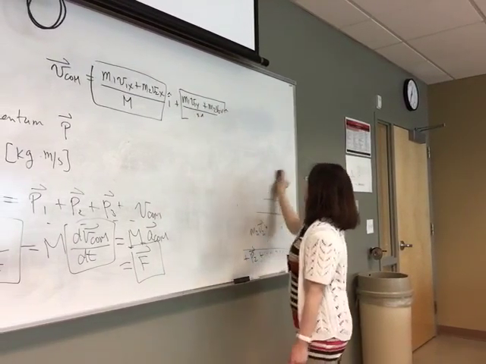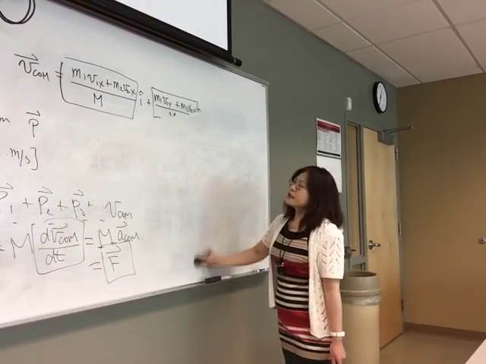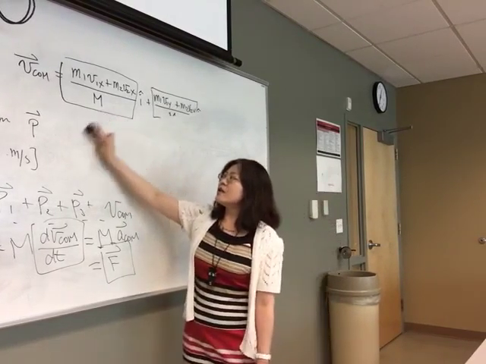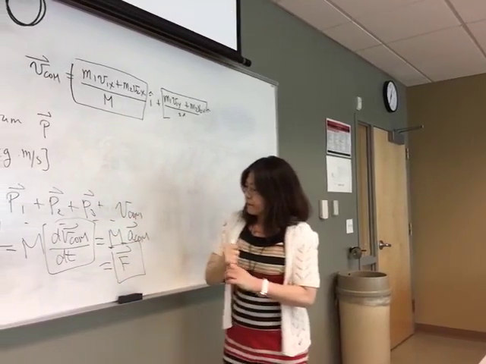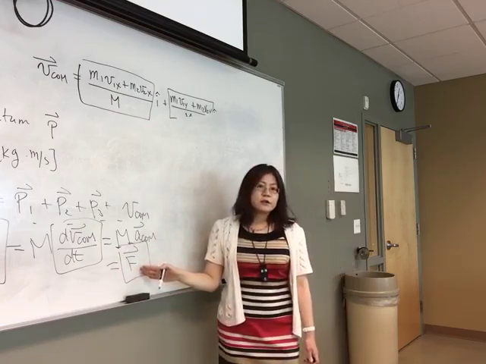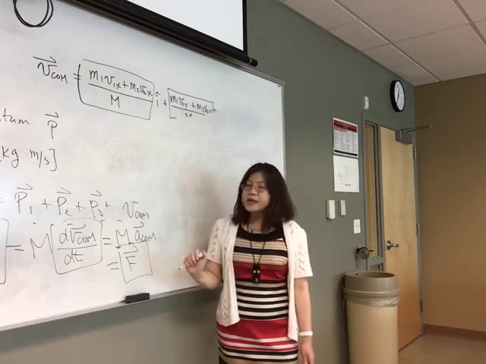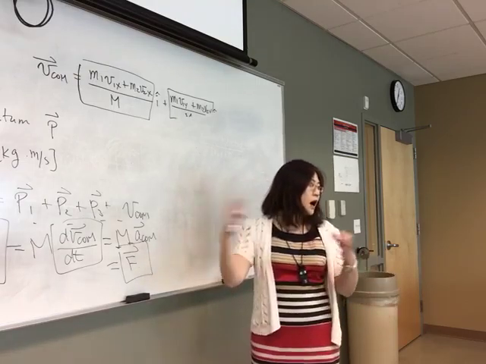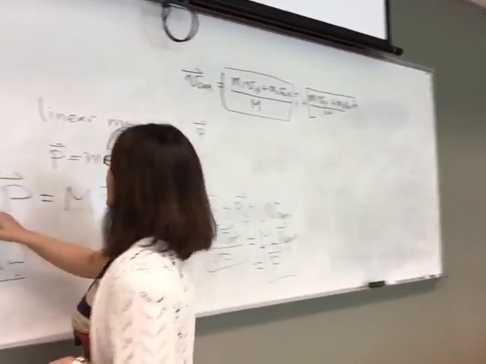So if you apply several forces on the system, but the net force somehow turns out to be 0, what do we get here? When I write this force here, implicitly it means a net force, depending on how many forces are acting on a particle.